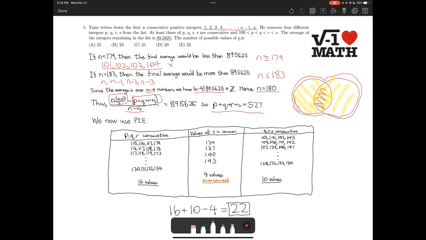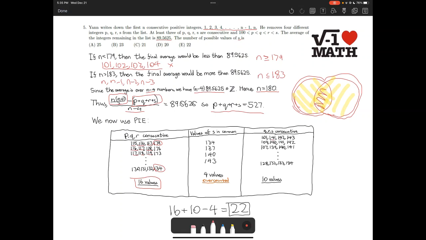If P, Q, R, and S are consecutive, for instance, then the possible value of S is 134 to 179, skipping every multiple of 3, which gives us 16 values.